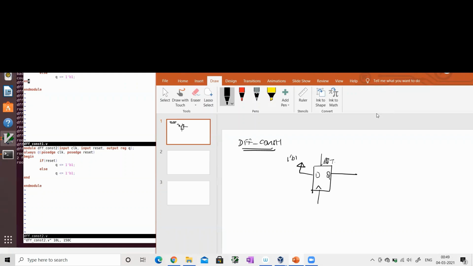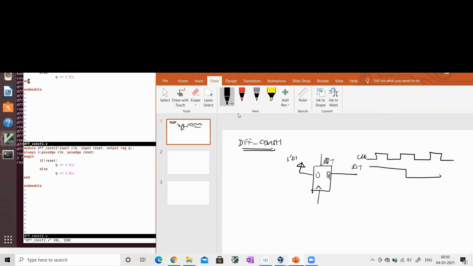Let's draw a waveform and check. And we will simulate this design also to ensure that our understanding is correct. So let's say my reset is applied something like this. This is my reset. This is my clock.